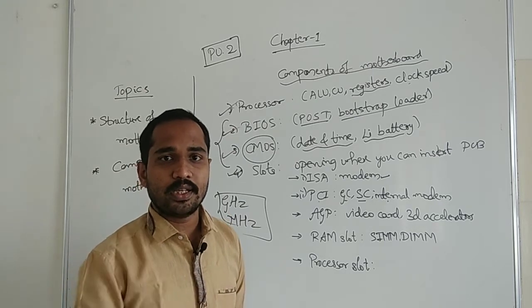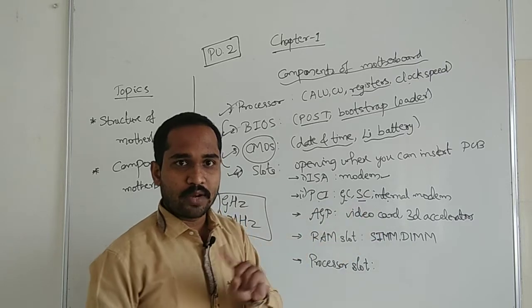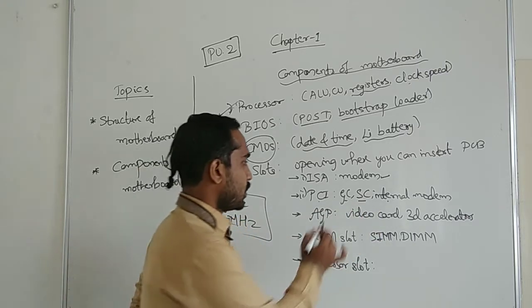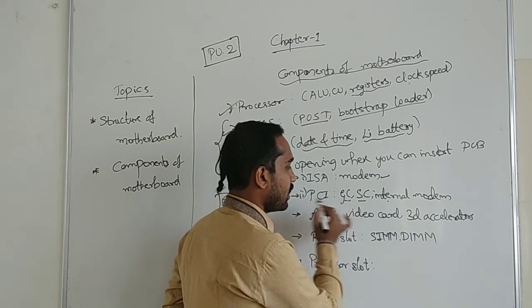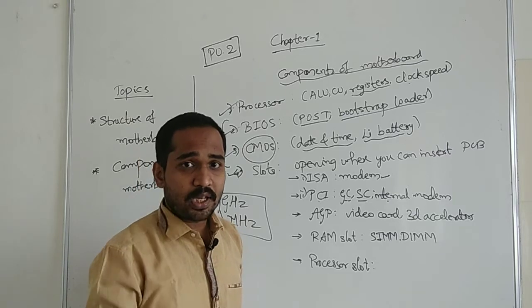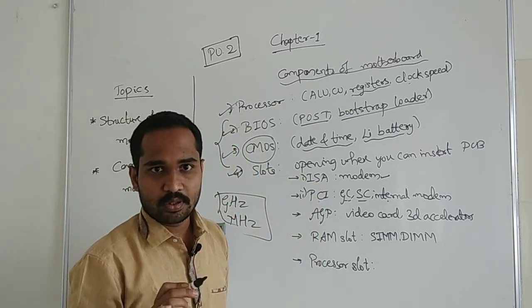Please do not write the short forms; write the full forms in the exam and in your notes. Understanding? So this is used to connect the graphics card and sound card. If the speaker has to work, the sound card has to be inserted in PCI.